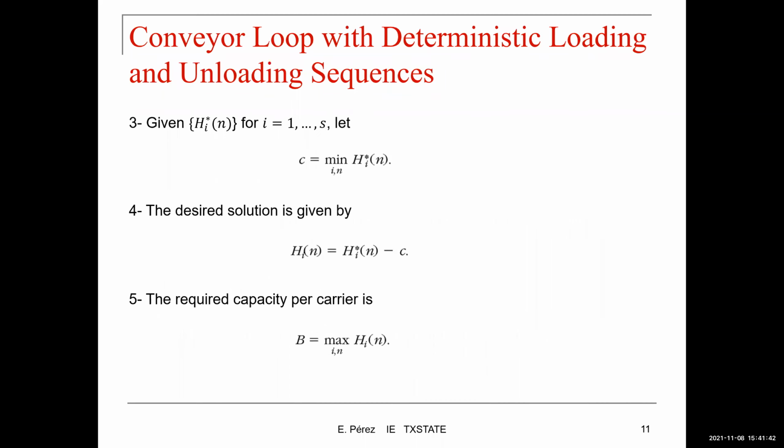After computing these HI values, we compute the C value, which is used to find the desired solution for HIN. And at the end, we use all the values for HIN to compute the maximum. That value B is what tells us the maximum capacity or the minimum capacity for these carriers.